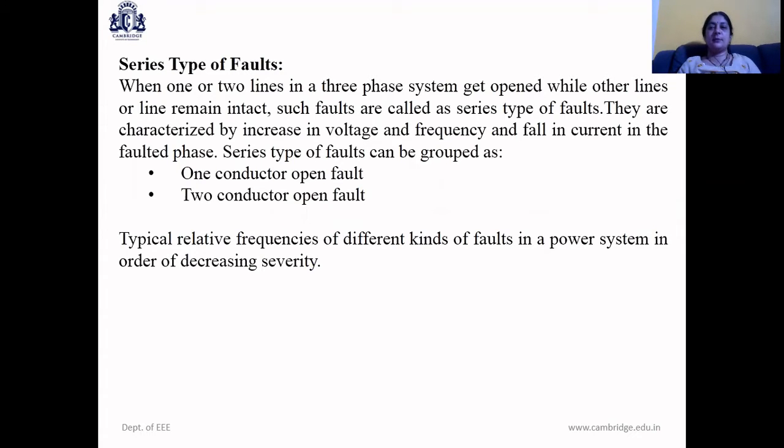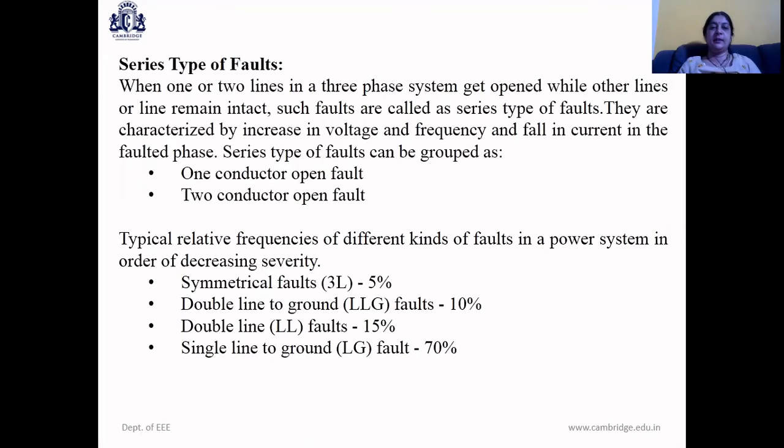When these types of faults are organized in the order of their occurrence and severity, they can be arranged in the following way. Symmetrical faults, which we studied in module 2, are the most severe type of fault, but their occurrence is the rarest in the power system, contributing only 5% of the faults.